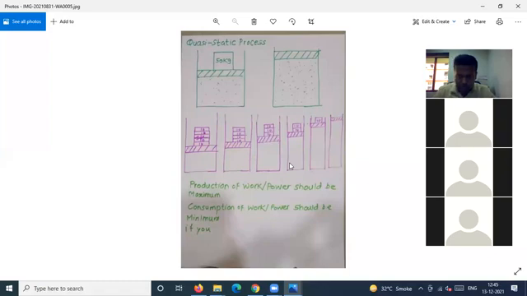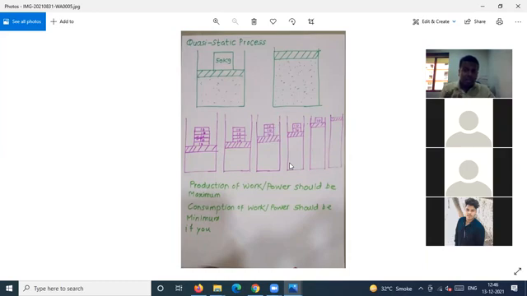Yes, sir. If there is less friction, that means less power will be wasted. Whenever there is movement of the piston, that movement should be utilized.